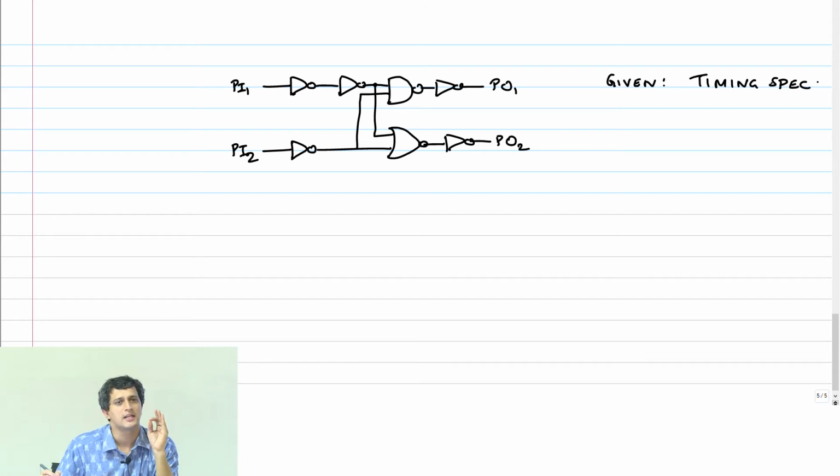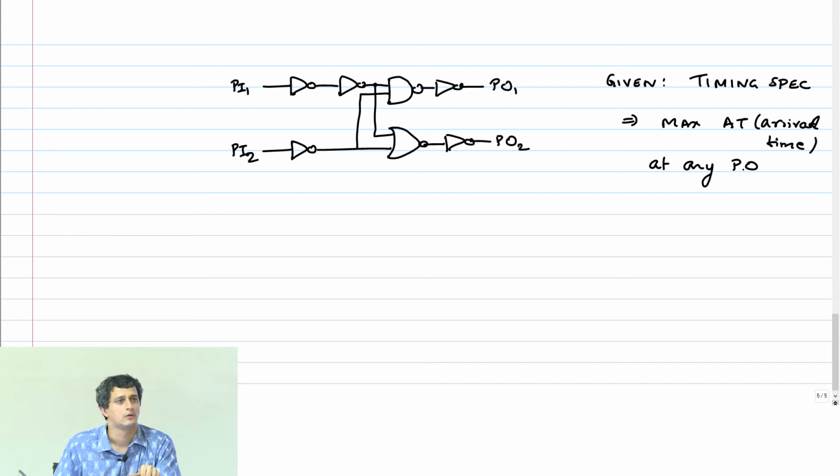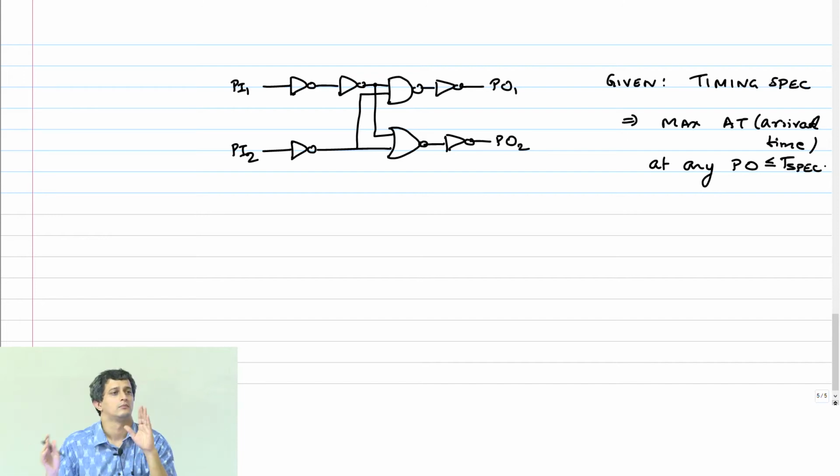Which means that the maximum arrival time, meaning max AT, I'm going to call this arrival time, AT at any primary output should be less than or equal to T spec. Right? Only then I can guarantee that the circuit will function at this particular speed.